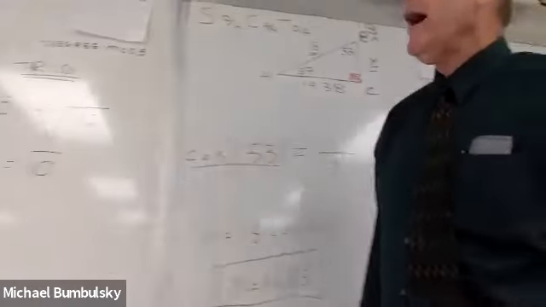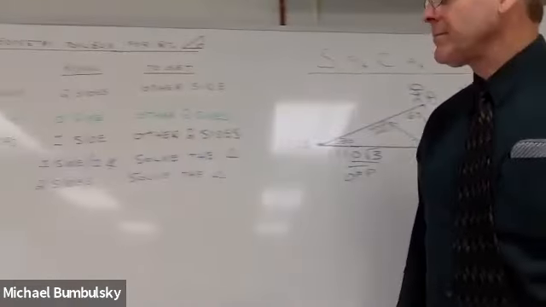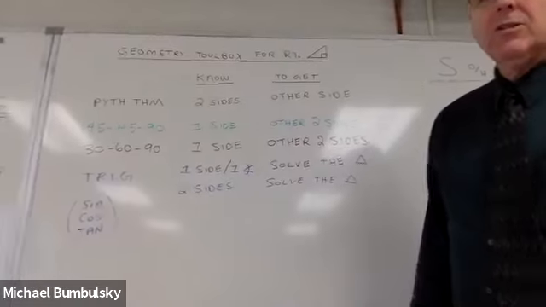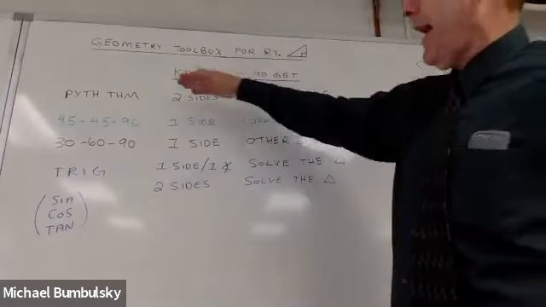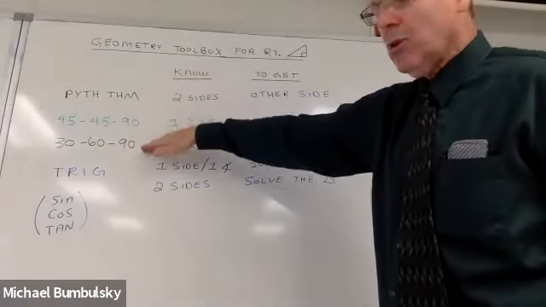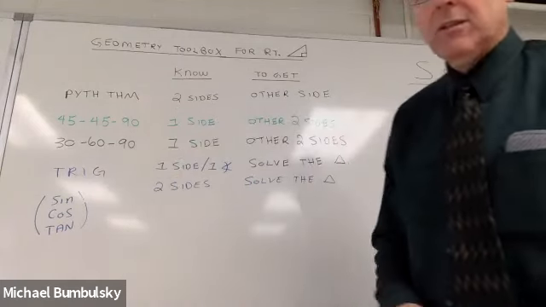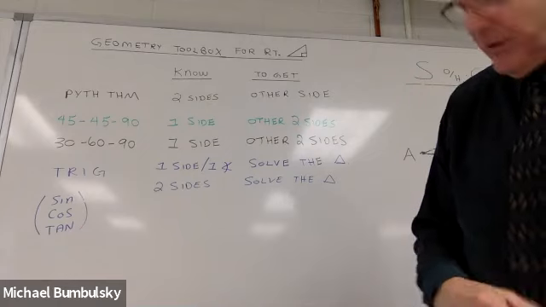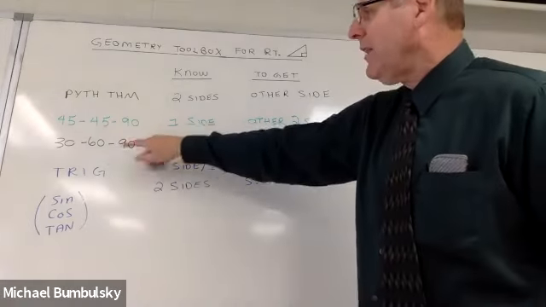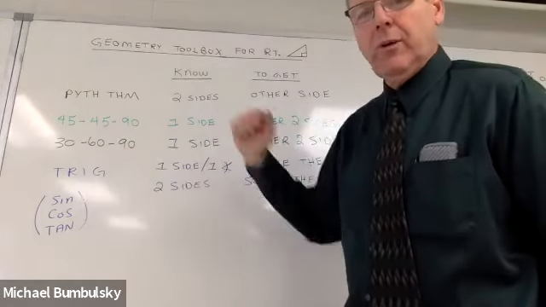But all we know how to do right now is to solve problems using the Pythagorean theorem, two special cases, and trig. Remember, if these two special cases are confusing to you, you can always solve these using trig, just like we did over there.